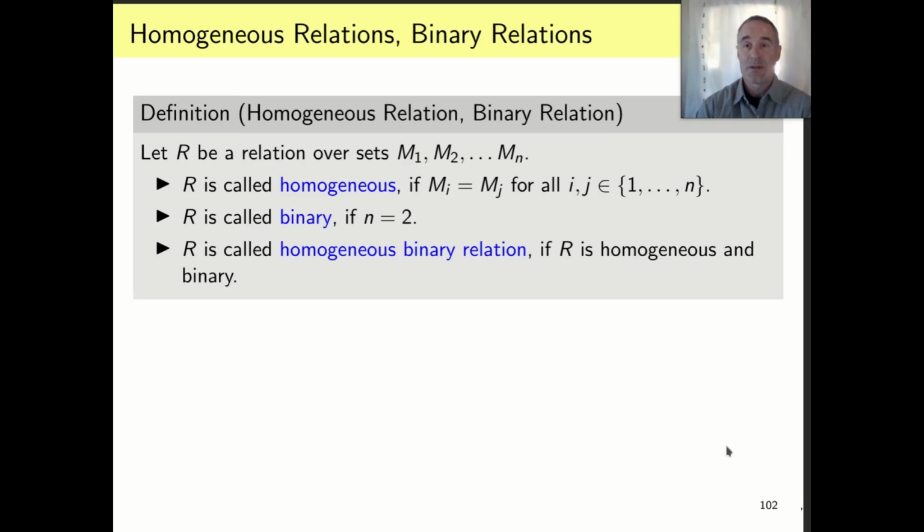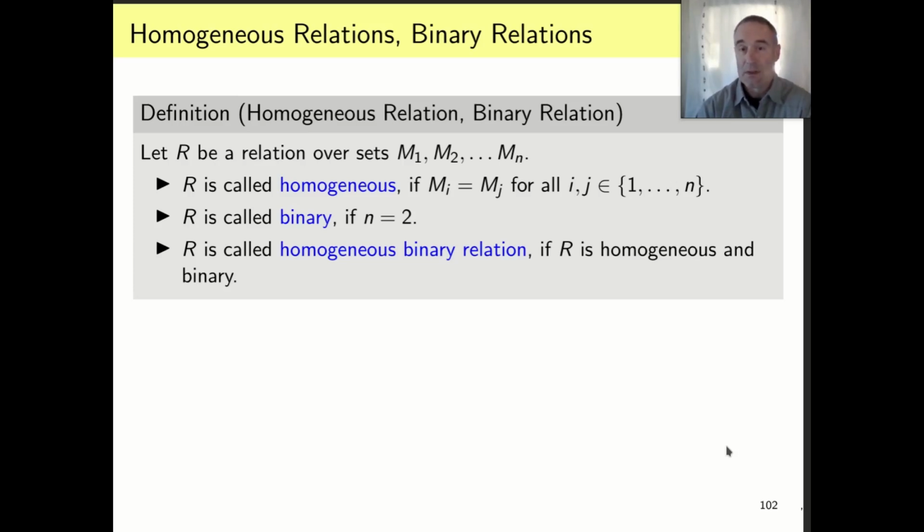But a lot of relations in nature are binary, and this has even led some people to just work with logical languages that do just strictly have binary relations. Personally, I think that's a little dangerous because the real world is more complex than that, but it's a reasonable simplification for some sort of work. And we can combine these two features of being homogeneous and binary to being a homogeneous binary relation. We'll see some interesting classes of relationships that will be homogeneous binary relations.